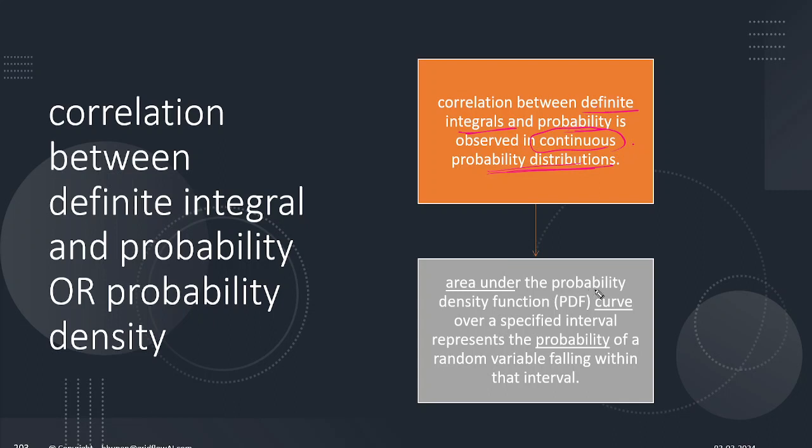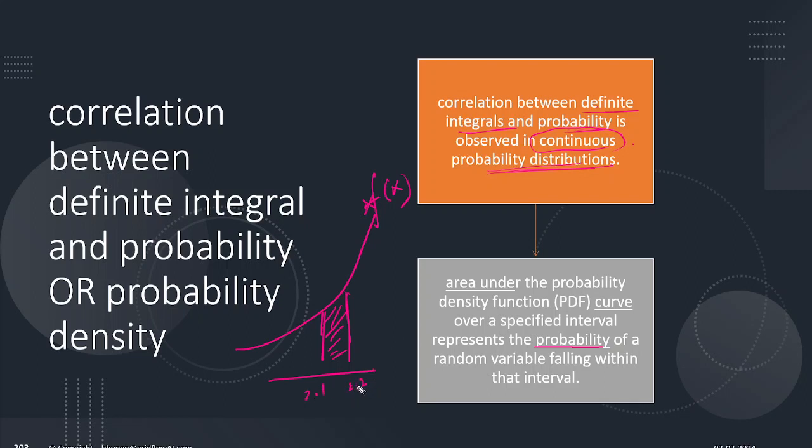In an area under the curve, the probability density over a particular interval is actually the probability of the random variable x. So let's say this is your variable, and the function can be anything, and we compute the area between this point and that point, let's say 2.1 to 2.2.